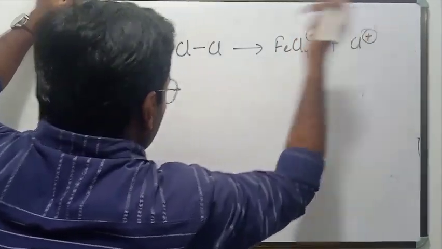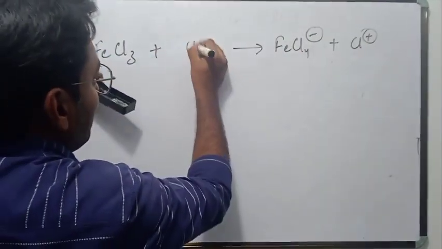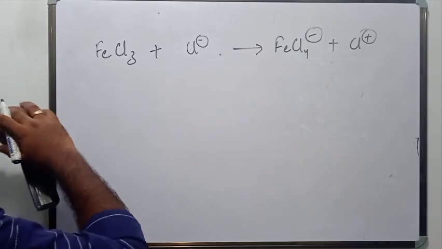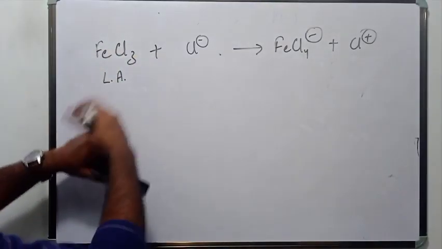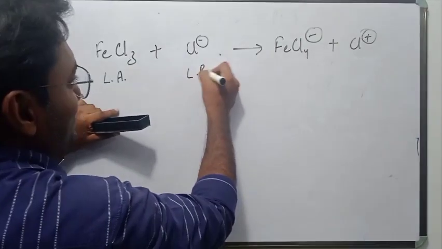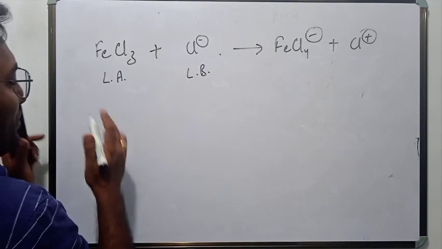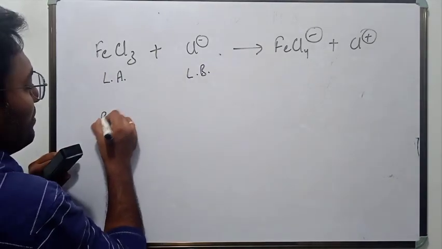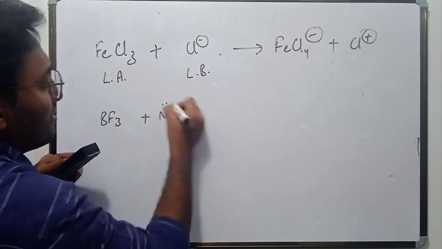Friedel-Crafts alkylation. Which is the Lewis acid? Yes, because it accepts a pair of electrons. And which is the Lewis base? Yes, this one, because it donated a pair of electrons. Okay, look at the second example here. BF3 plus NH3. What happens?